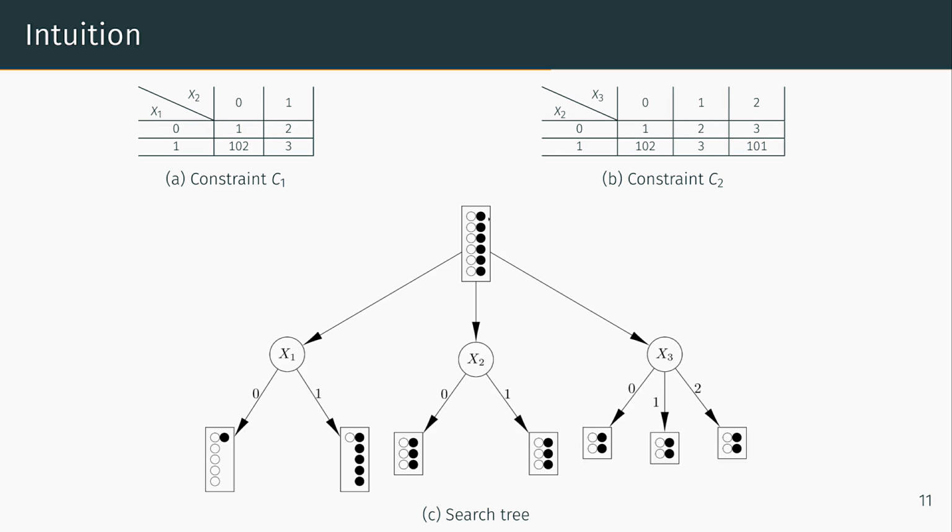And we use a solid circle to represent an assignment that corresponds to a high total weight, which are those above 100. And we use an empty circle to represent assignments that correspond to low total weights, which are below 10. So, for example, x1 equals 0, x2 equals 0, and x3 equals 0 have a total weight of 2, which would be represented by an empty circle.